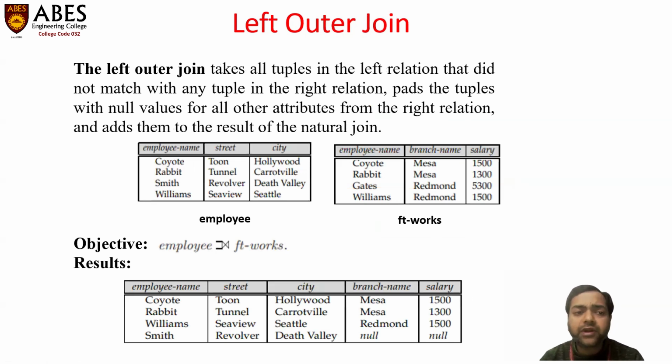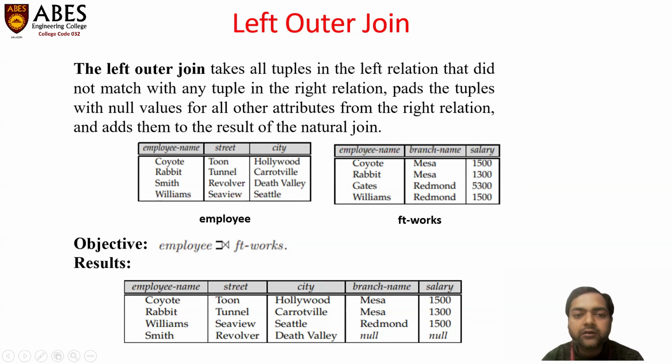First of all, we have left outer join. Left outer join takes all the tuples in the left relation that did not match with any tuple in the right relation, pads the tuple with null values for all the other attributes from the right relation, and then adds them to the result of the natural join. What does it mean?